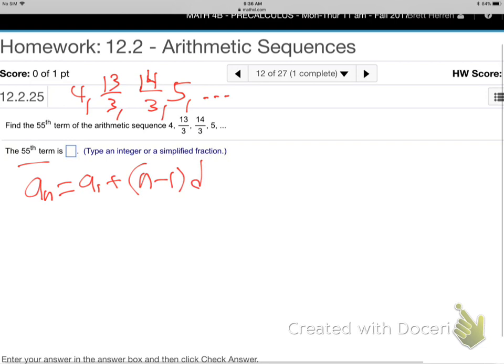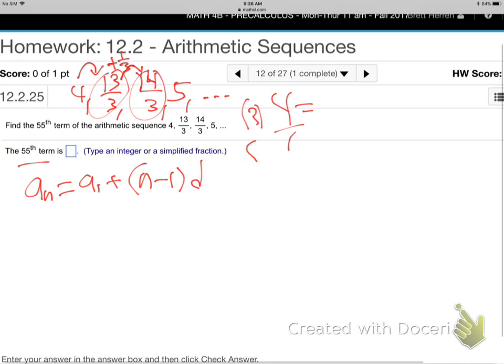You can see it easily if you look at the middle two. 14/3 minus 13/3 is 1/3. It clearly went up by 1/3 there, didn't it? But is that what happened from 4 to 13/3? Did it go up by 1/3? Yeah. 4 is 4 over 1.